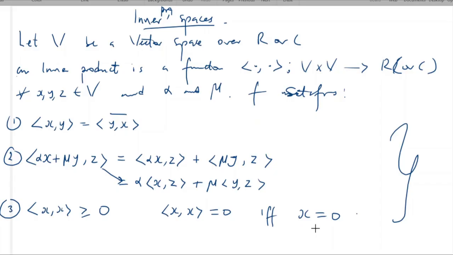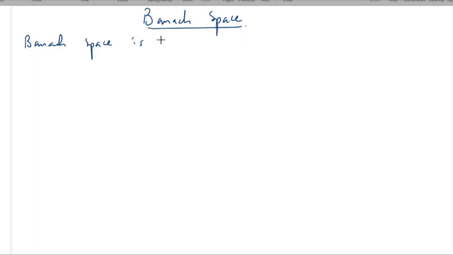So now, let's talk about the Banach space. A Banach space is a complete normed space.